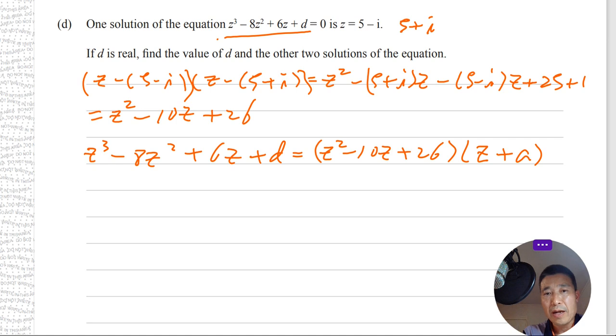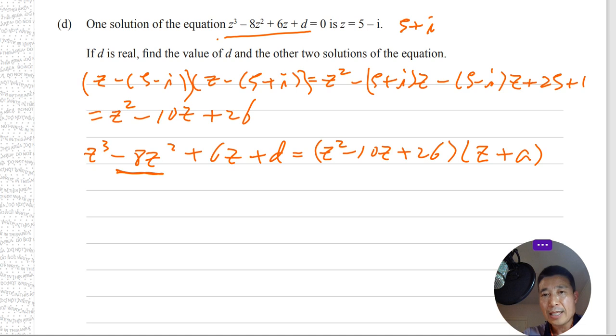Then you should be able to find d. Well, obviously d is just 26 times a, isn't it? So to find a, we can match the coefficient of z squared. Well, you can do the coefficient of z as well, but just pick one. I picked the coefficient of z squared.